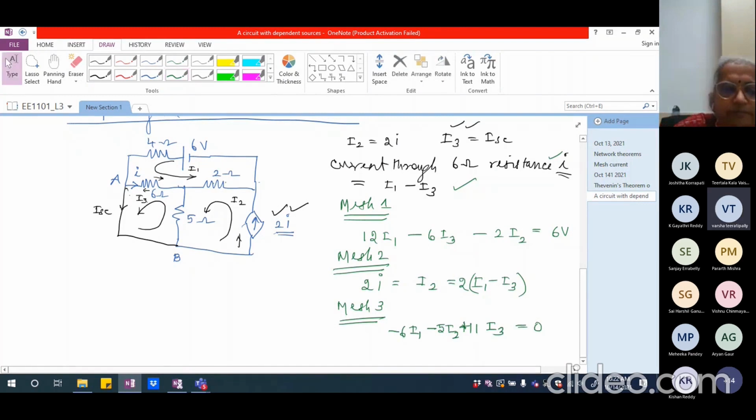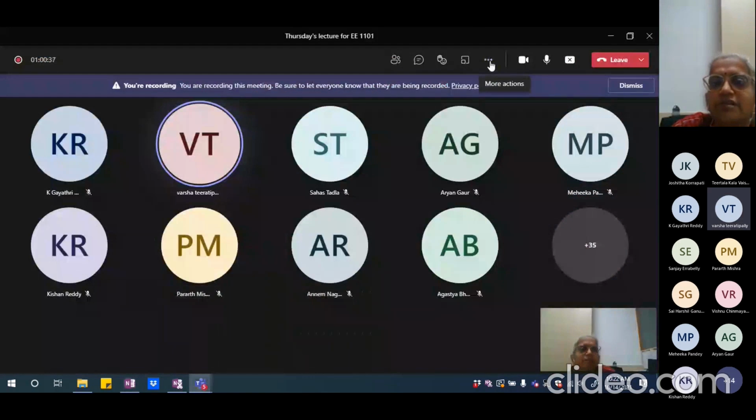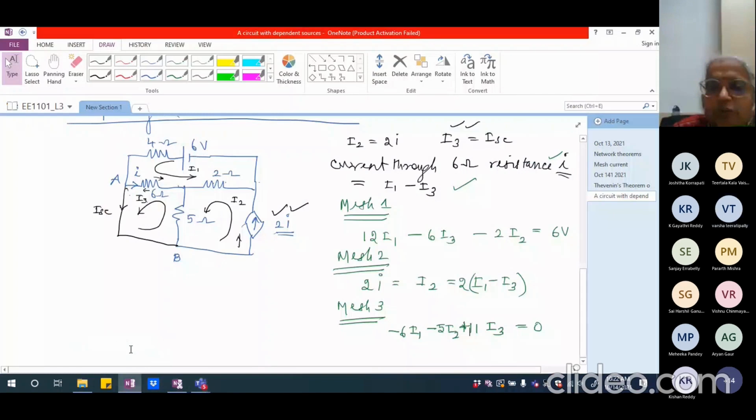Okay, fine. Ma'am, is it 2 times I1 minus I3 or I2? Just a second. Yes, 2 multiplied by I1 minus I3. Please remember I1 direction we have taken this way, and it is already given I has to be taken in this direction.